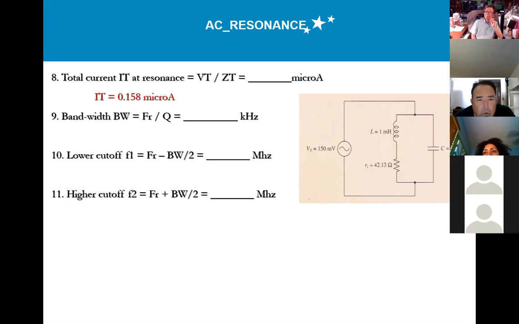ZT is total impedance, right? Yes, ZT means total impedance. Oh, the numbers are different. I see. Bandwidth, 6.71K.